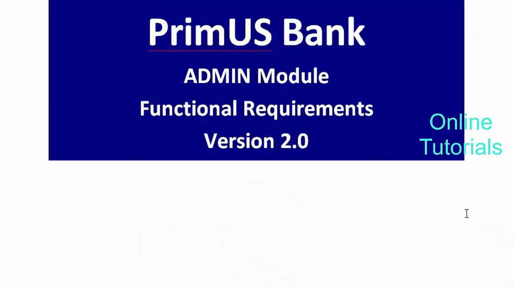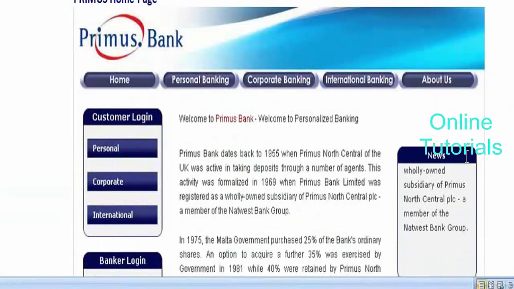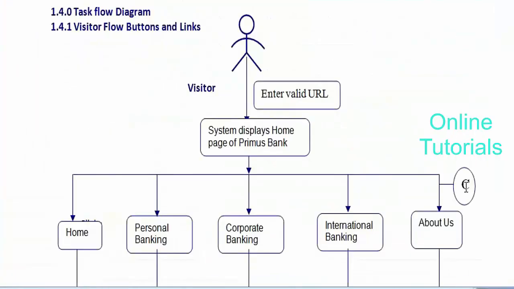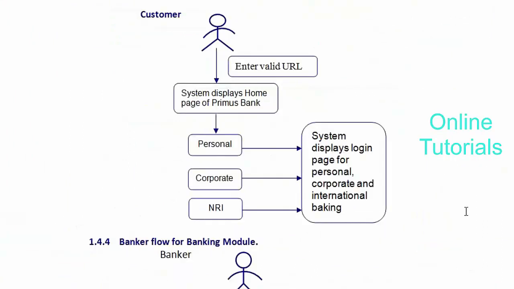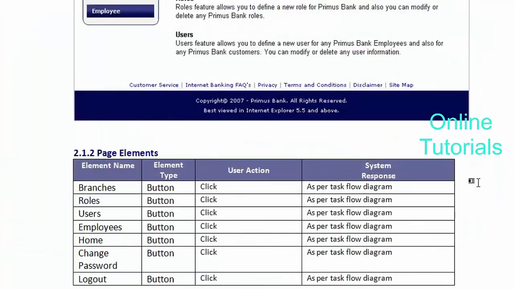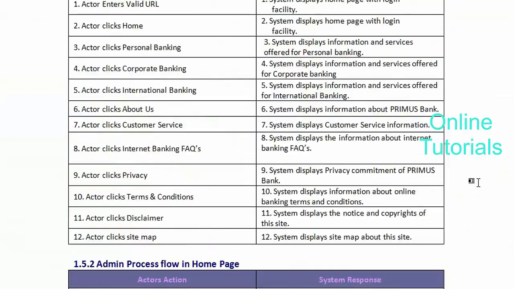This FRS document is related only to the admin module, and all the requirements you see here are related to it. The first requirement is the Primus Bank homepage, the second is the admin homepage, the third is branches, the fourth is employees, the fifth is users, and the sixth is roles. These are the 6 requirements available in this document.